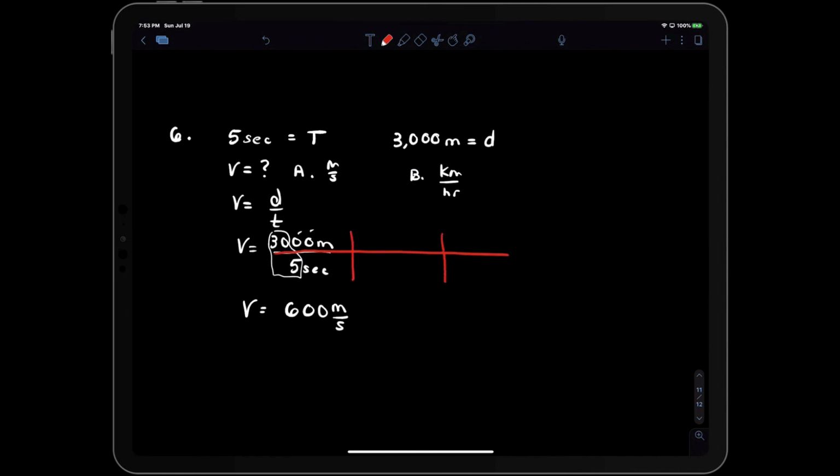So same old conversion factors. 1 kilometer, 1,000 meters. 1 hour, 3,600 seconds. All right. We'll cancel out the meter first. So meter here, if meter is in the numerator, that means I have to cross cancel it in the denominator. The rest of that goes up top.